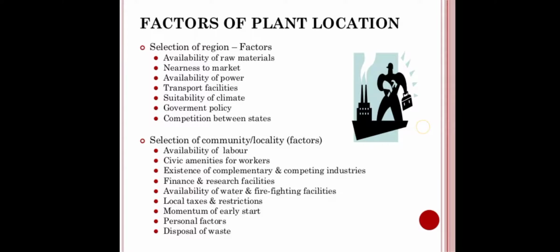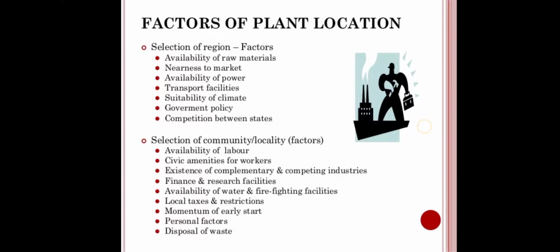Then government policy: what are the rebates, in which area the government is giving rebates, or what are the additional taxes. So what are the subsidies, what is the government policy, is it against or in favor of our product or site selection.